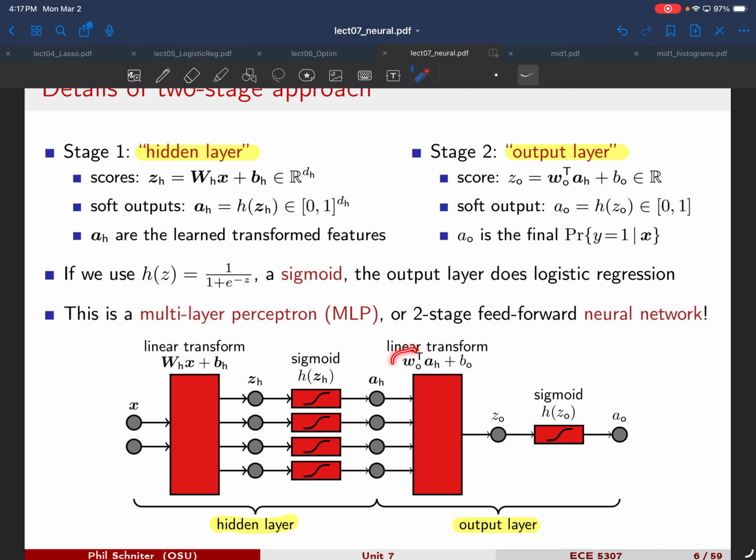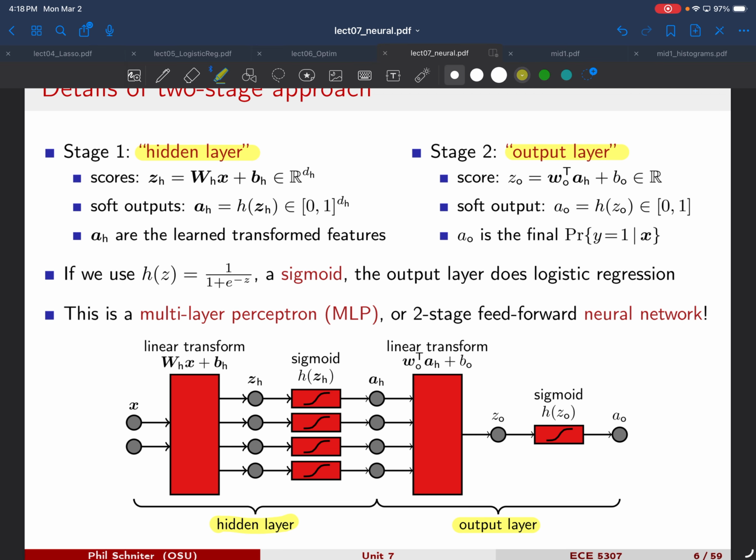So we have a weight vector W_O, we have a scalar bias B_O, we have a single score Z_O, a real number, that goes through a sigmoid, and then finally we get a soft output, something between 0 and 1 for A_O. And so that's the block diagram.